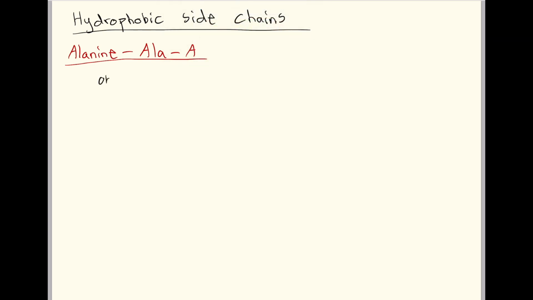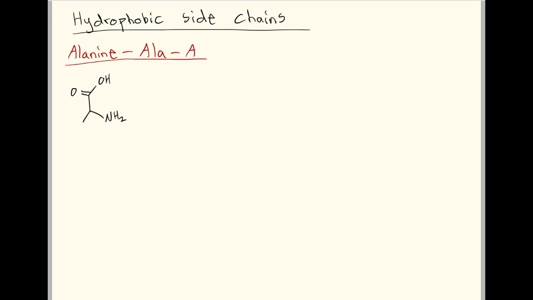You have an OH group attached, then your carbonyl, and then you have your NH2, your amino group. Now you do your carbon, and that's how the structure looks.